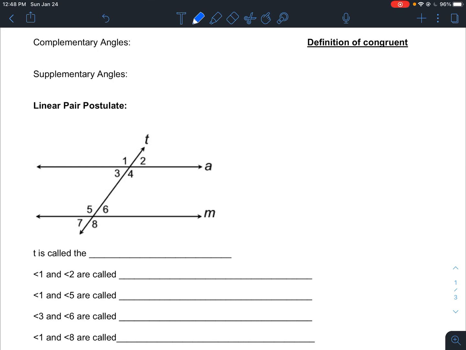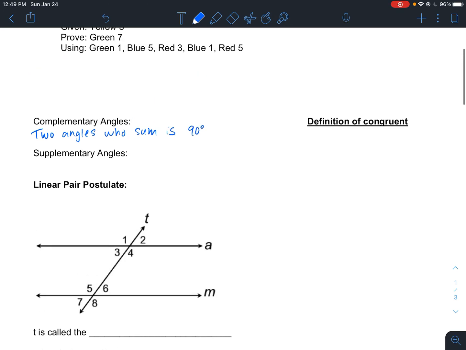Complementary angles are two angles whose sum is 90 degrees. For example, here is an angle that's 90 degrees, and let's say we have this angle right here, and say that this angle is 35 degrees.